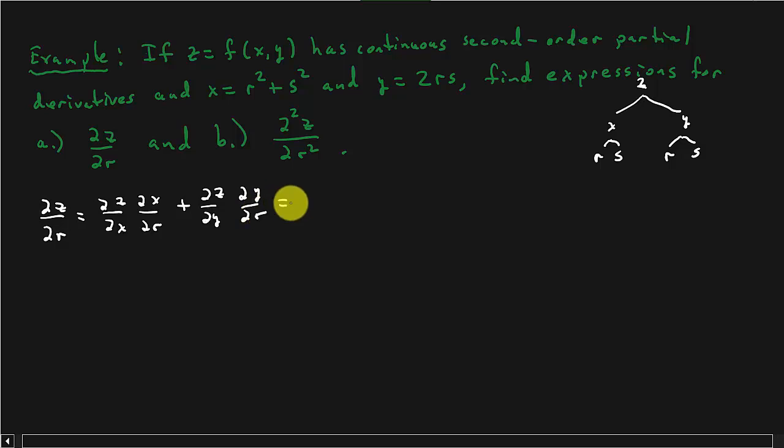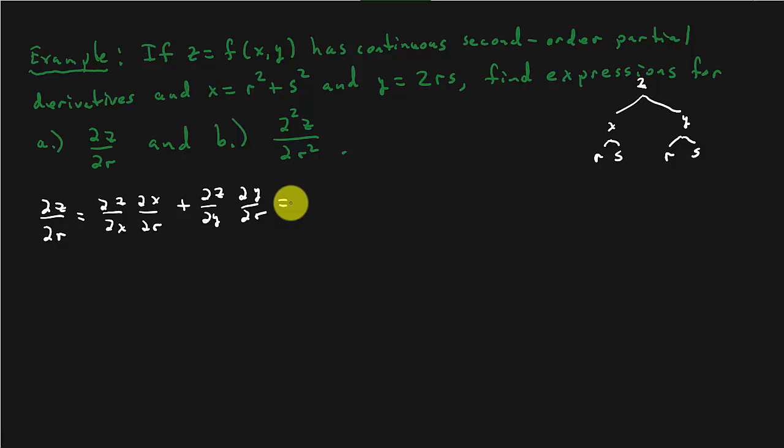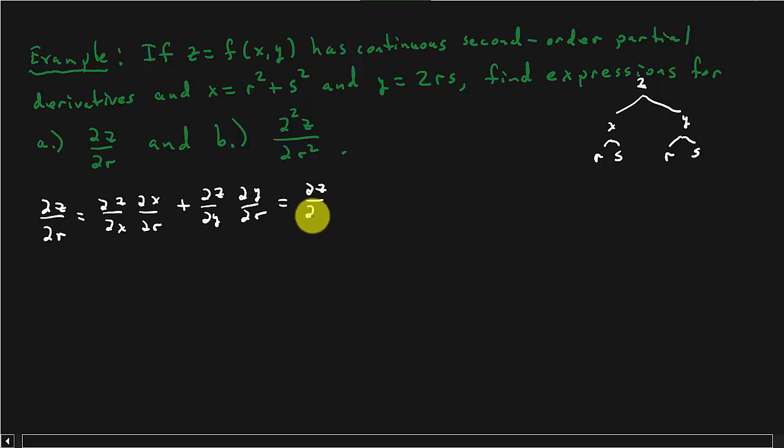And so the partial of z with respect to x, what does that equal? Well, see, they don't tell us what the function is. They don't say z equals this. So we leave it as partial z with respect to x times the partial of x with respect to r. So that's times 2r plus the partial of z with respect to y times the partial of y with respect to r. So that's going to be times 2s.